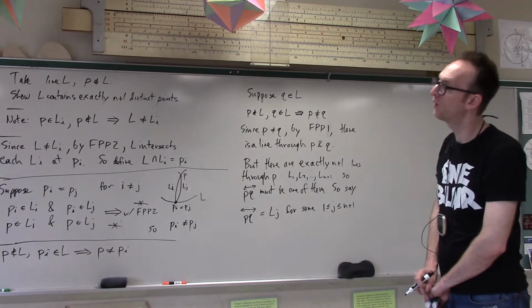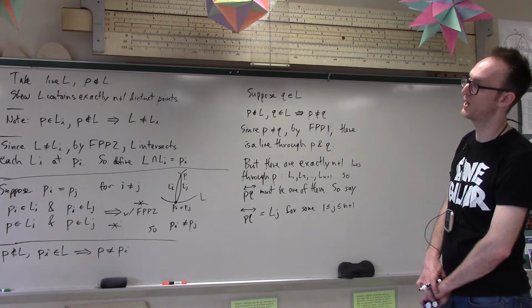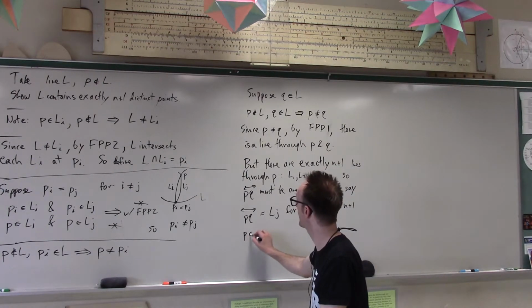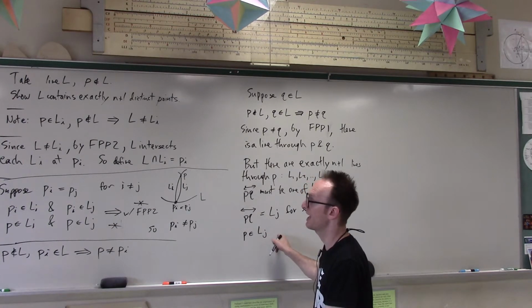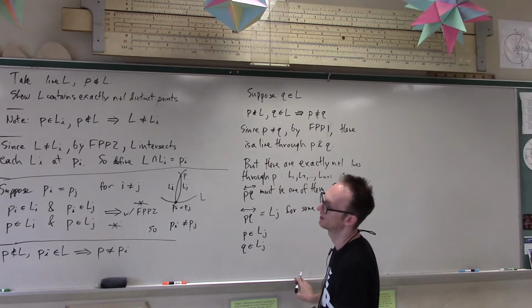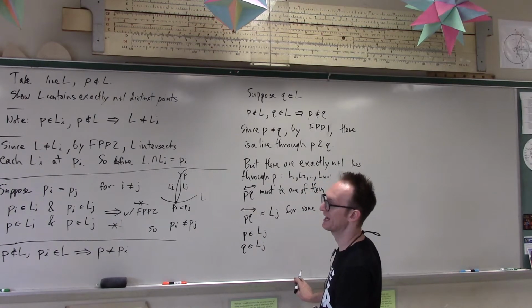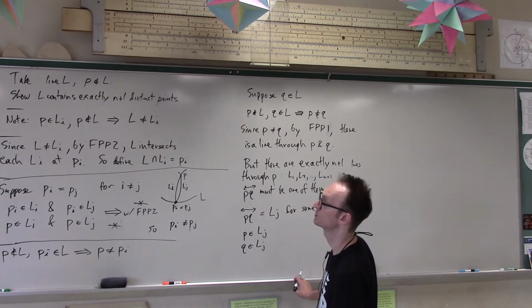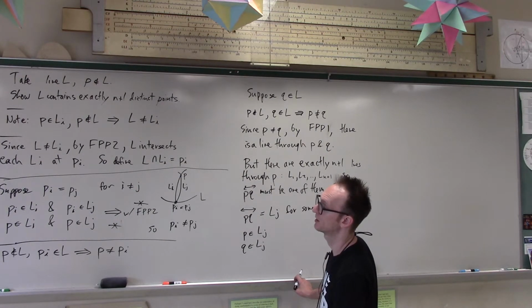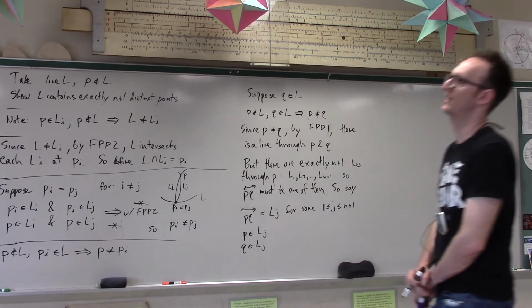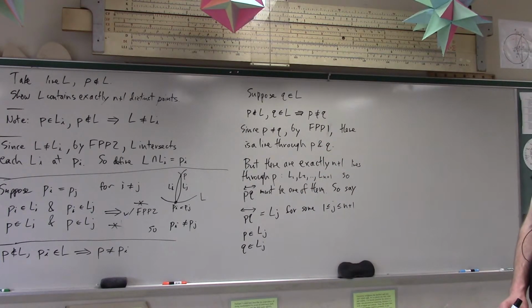Well, now, what do I know? I know that P is on L sub j, and Q is on L sub j. Starting to agree with Evan that it's more clear to just do it by contradiction.